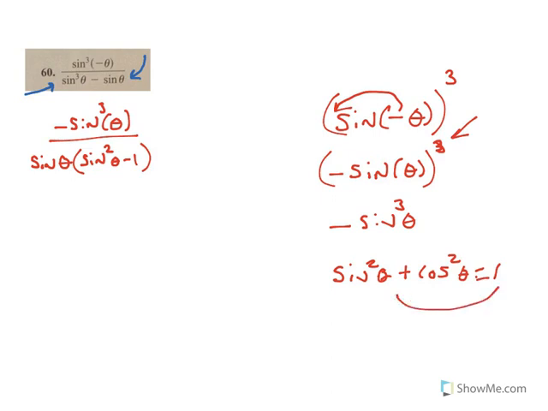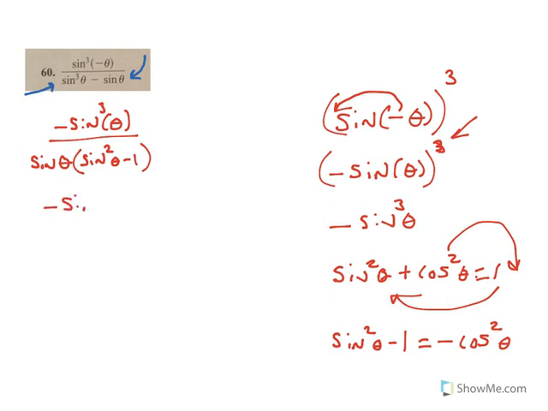So if you bring the 1 to this side and the cosine to this side, sine squared minus 1 is going to be identical to negative cosine squared. So we can replace that with a negative cosine squared.